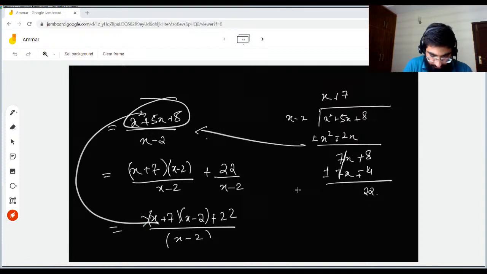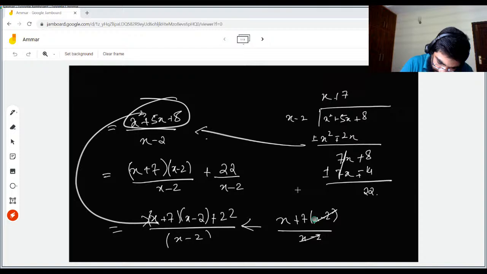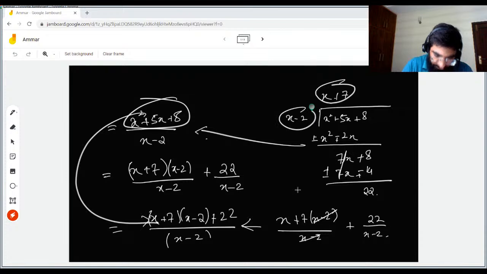So if I break it up, I can write it as x plus 7 times x minus 2 by x minus 2. So this one gets cut out, and plus 22 by x minus 2. So straight away, I write it as x plus 7, the complete part that I got, and these two, the partial ones that I have. Got it?